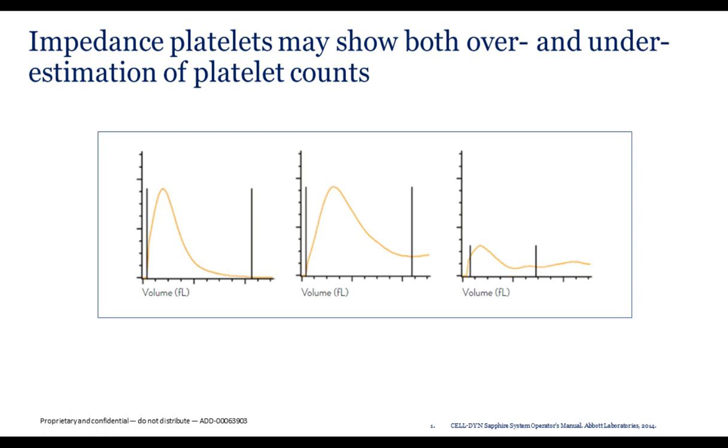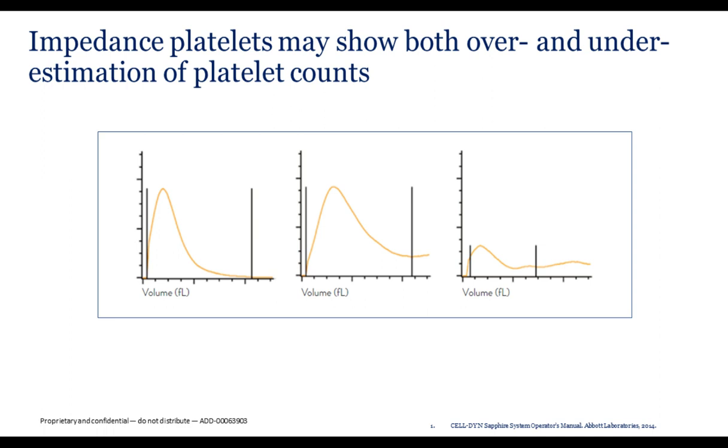In this diagram, you can see the resulting impedance histogram. The image located on the far left is a typical image of a normal platelet count. In the middle, you can see by the line on the right-hand side, which is considered the upper threshold of where platelets should end and RBC should begin, an overlap region, most likely in this case due to macrocytic thrombocytes.